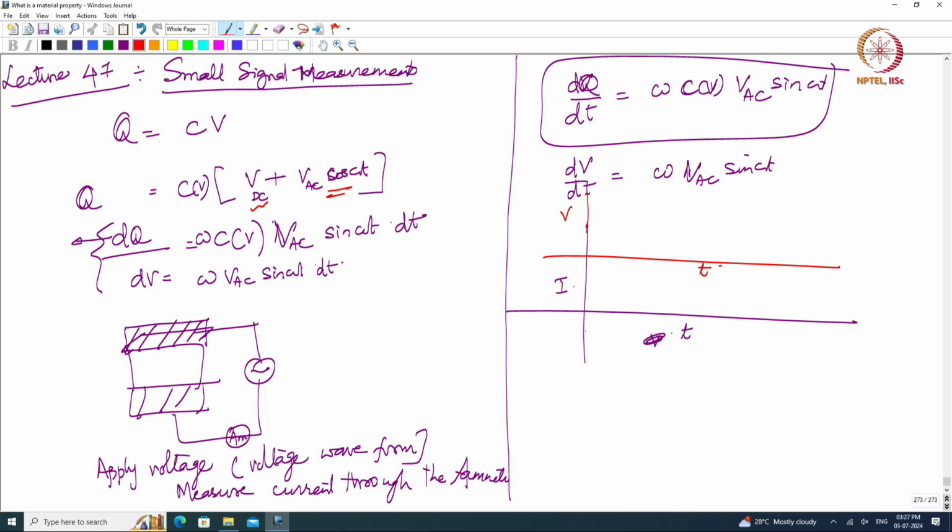At 0 time I have some voltage, and it is going to go like this. I am measuring current directly, and current versus time is going to be a sin omega t dependence. So, it is going to go to maximum when the voltage goes to 0, and it is going to go to 0 when the voltage goes to maximum, and so on and so forth.